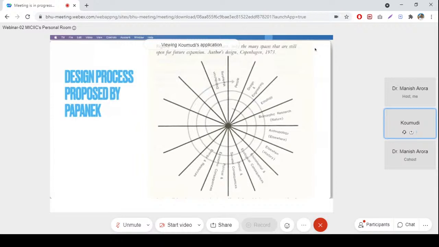Instead of one single turn, the helix repeats itself again and again. It gathers more and more feedback from the users. He intentionally kept some spokes empty so that in future new directions of design could be accommodated.